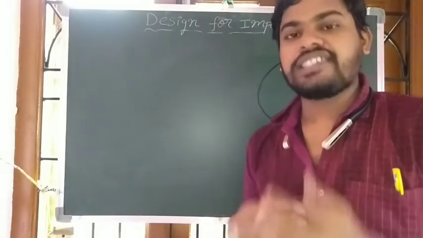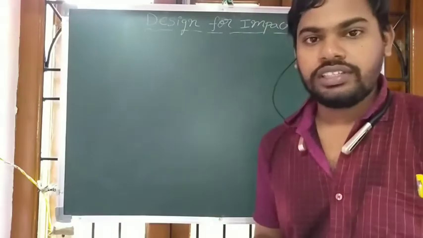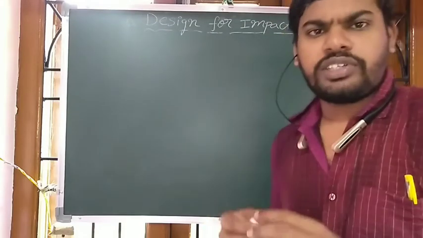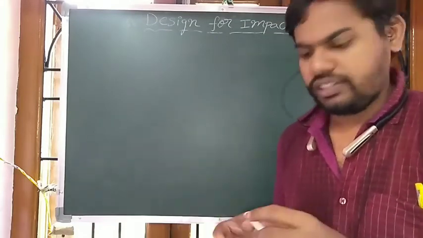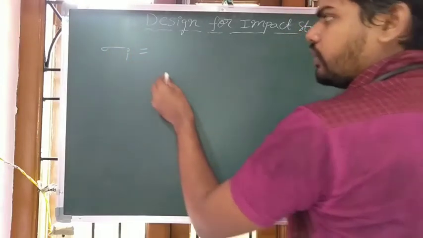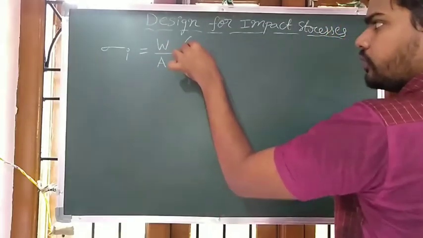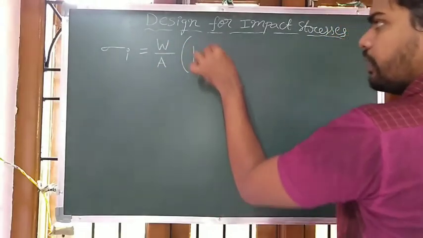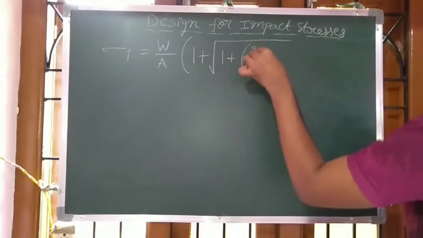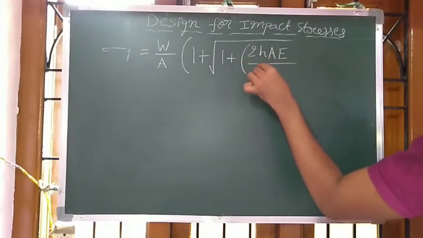The stress experienced by a body due to this impact load is known as impact stress. So there is an expression to calculate that impact stress. What is that expression? You already know that sigma is equal to W divided by A, and the impact stress is sigma equals W by A into 1 plus root over 1 plus 2HAE divided by WL.